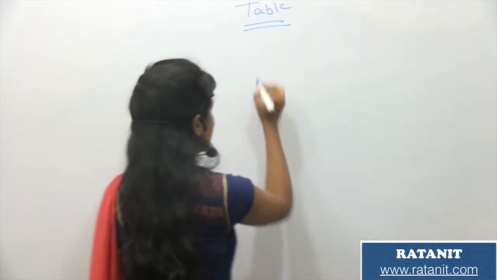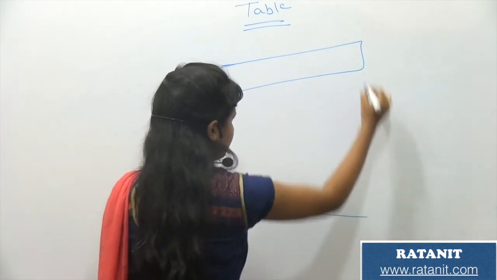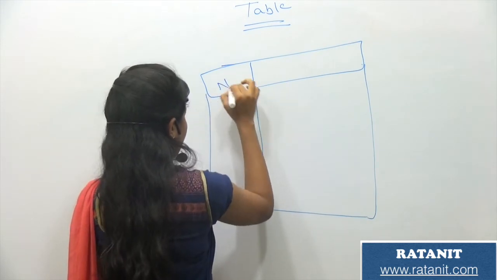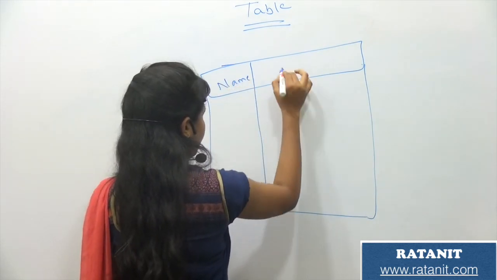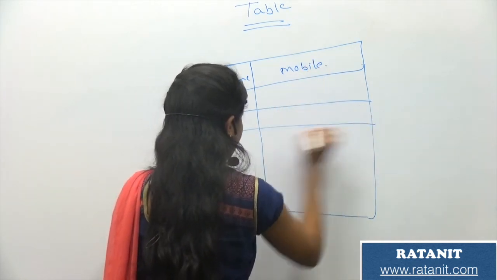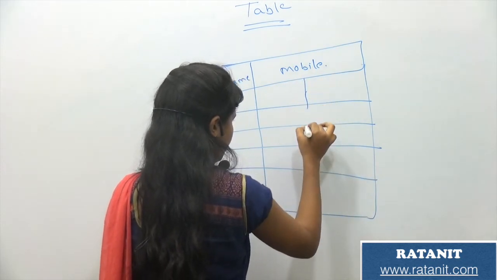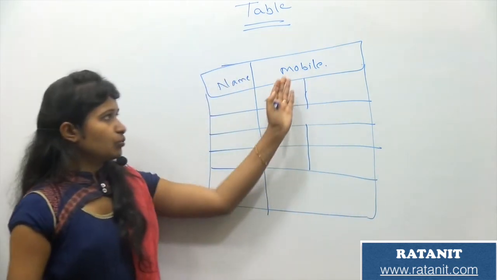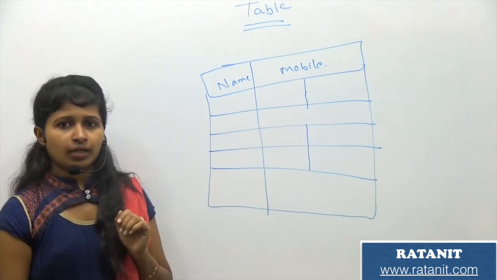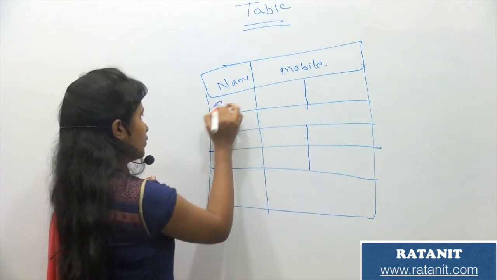Now we are going to see something else. Some of the students might have two mobile numbers, right? Now how am I going to write the program for this type of thing?